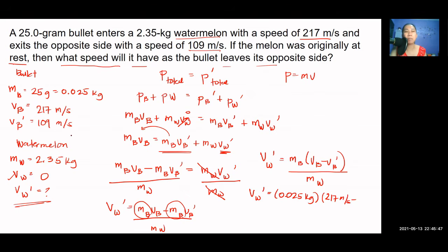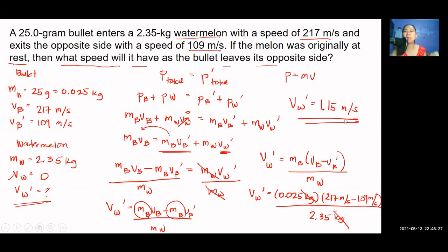Minus natin yung vb prime na 109 meters per second, bago natin siya i-divide dito sa mw. So, ang mw natin is 2.35 kilograms. Again, mapapansin ninyo dito, makakancel natin yung kilograms, so matitira na lang na unit is meters per second. vw prime is equal to 1.15 meters per second. So, ito yung velocity ng ating watermelon after the collision.